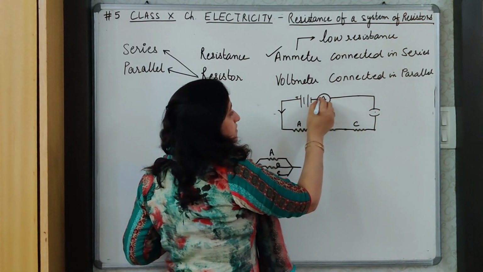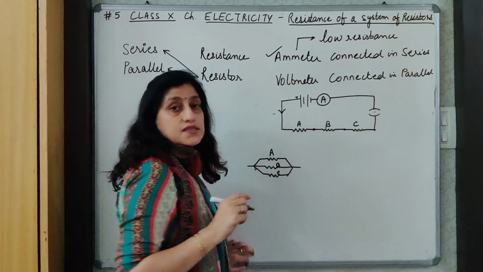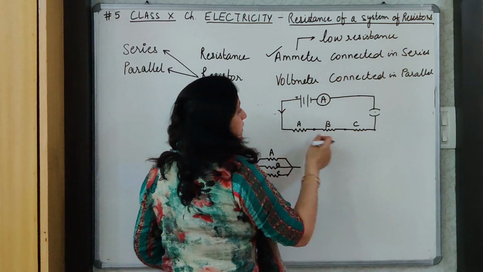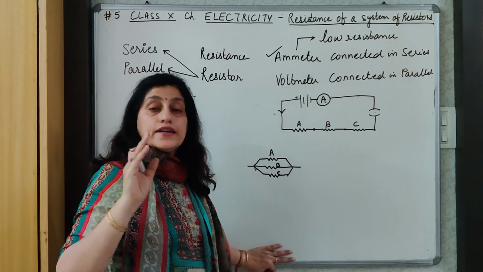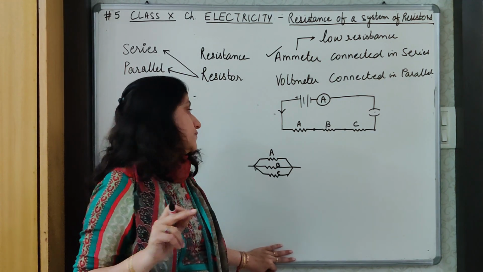So when the ammeter is connected in series and the current is flowing, ammeter being a low resistance device allows easy passage of current, and therefore whatever current is flowing in the circuit, it records that current. It does not stop the flow of current, therefore measuring becomes easy.